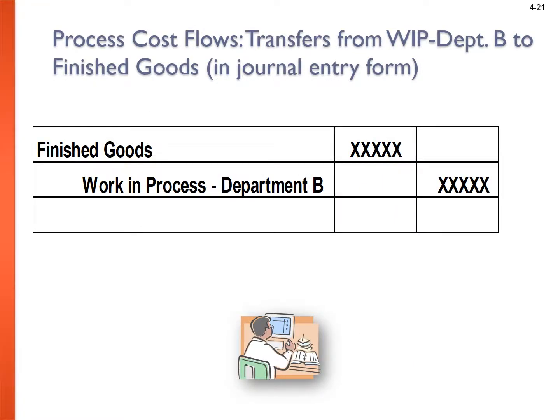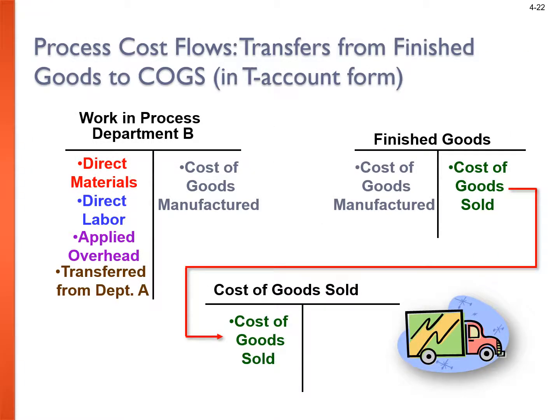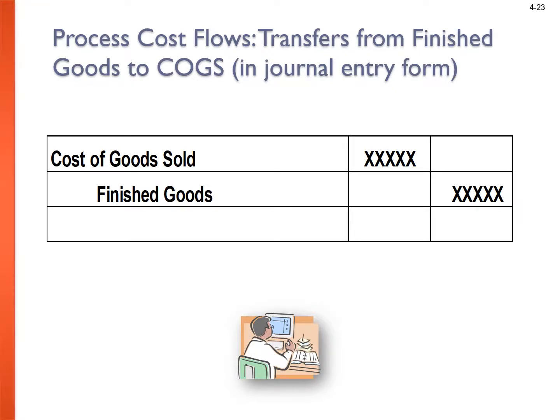And there's your journal entry. And then, of course, when the goods are finally sold, if they're the potato chips, debit cost of goods sold, credit finished goods. So the flow through the accounts is just like a job costing system, but it's the determination of the dollar amounts that will be different.